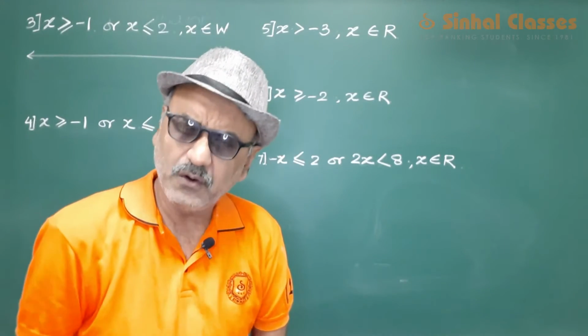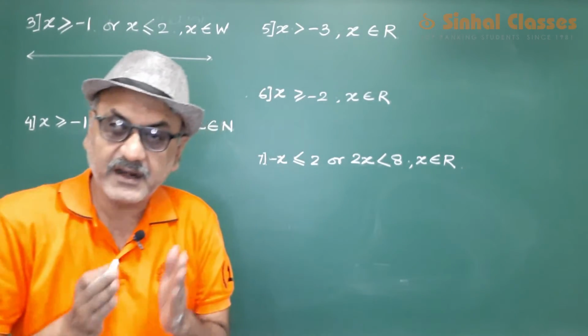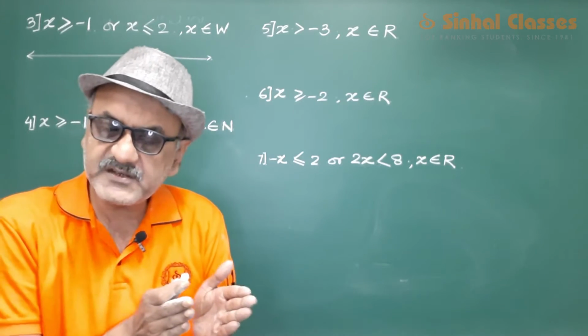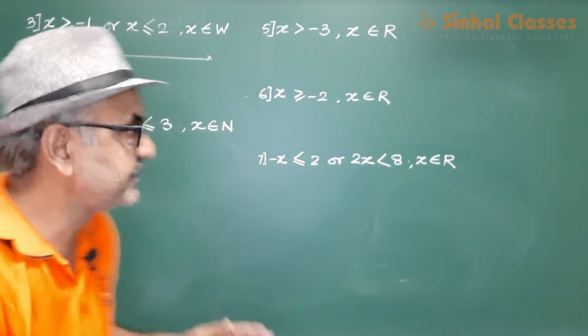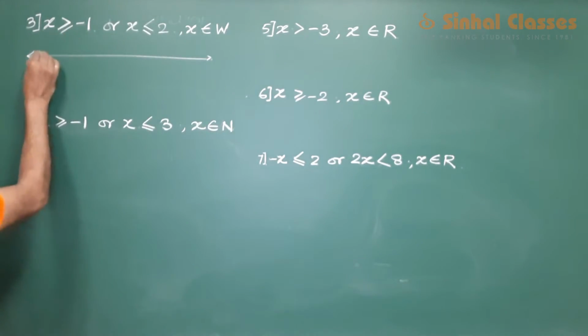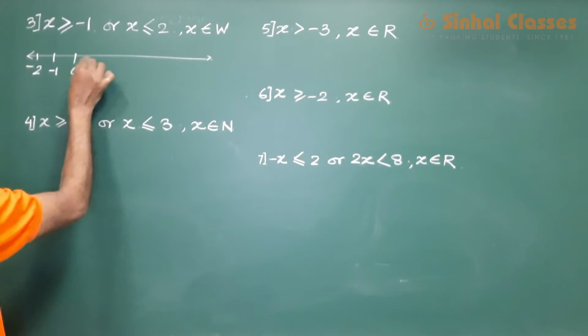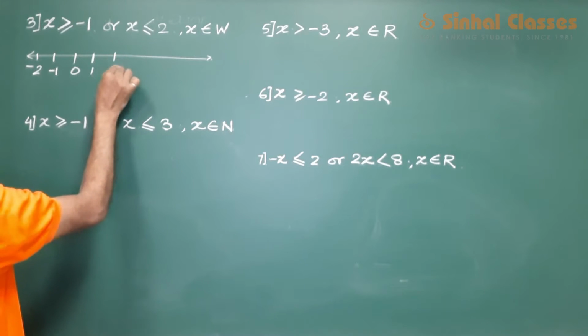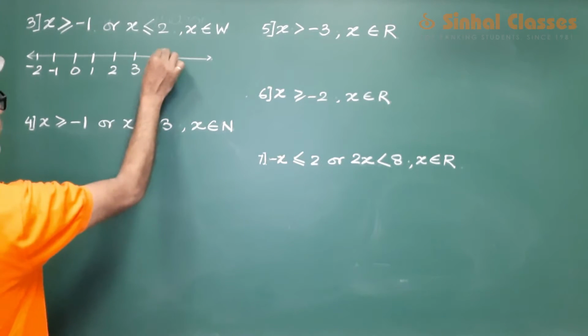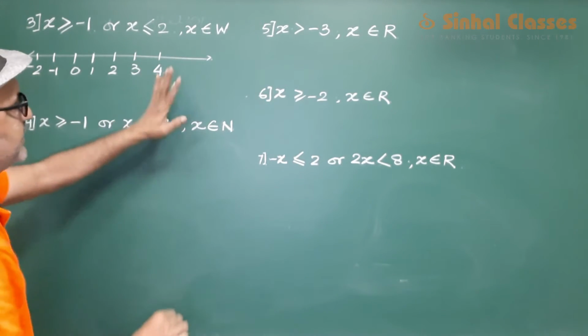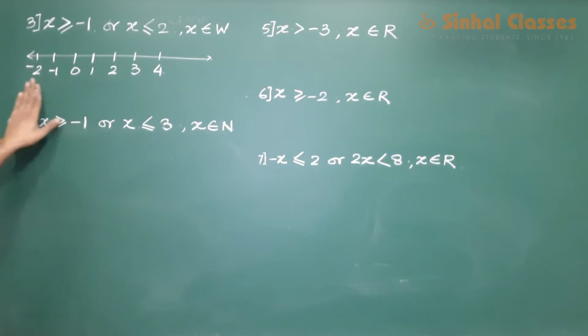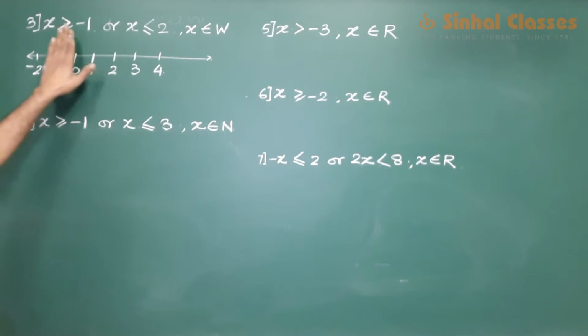The number does not go up till infinity, we are given a range and the number is to be specified within that particular range. Now what happens here is minus 2, minus 1, 0, 1, 2, 3, 4. Suppose on this real number line, I have taken down these numbers.